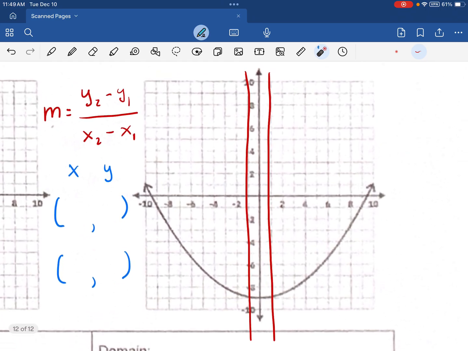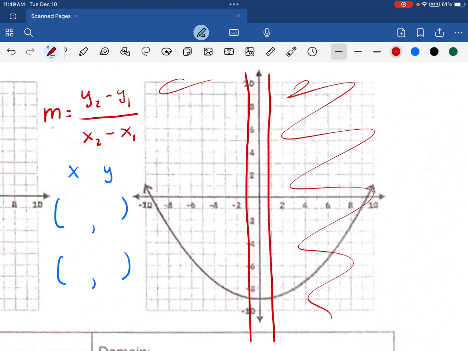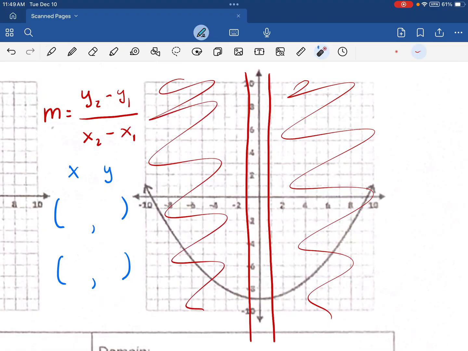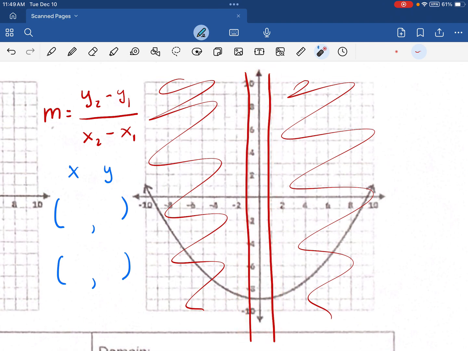This is kind of nice because now we get to ignore the rest of the graph. I don't care about it. All I care about is what's happening inside this little tiny sliver of the graph. Oh, there's the bell.